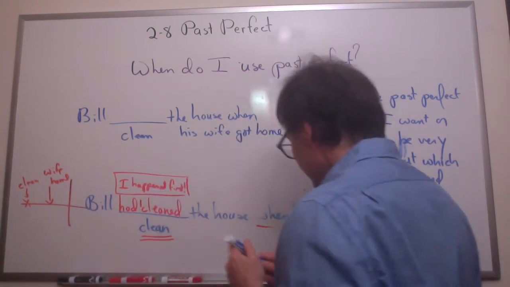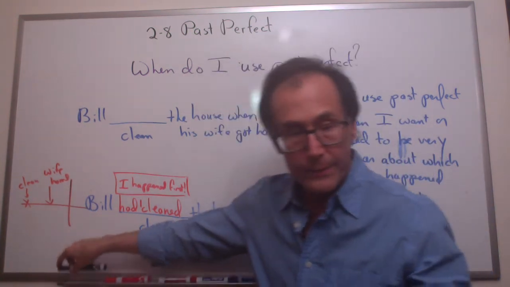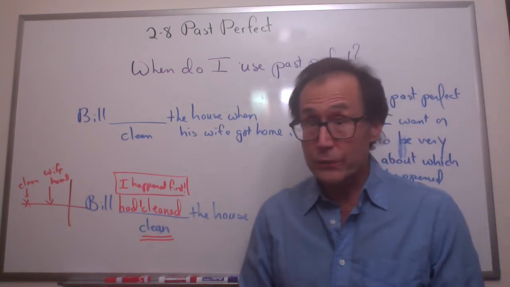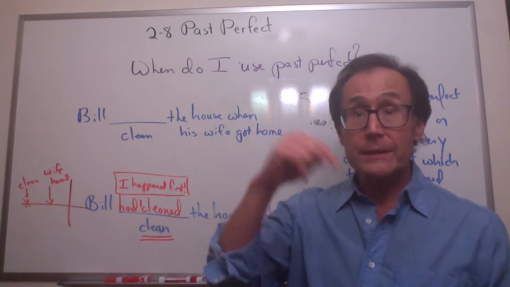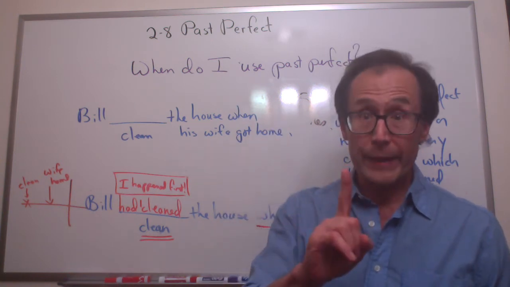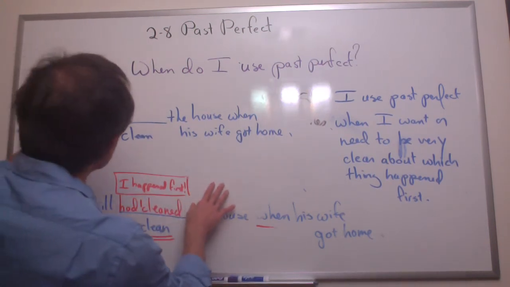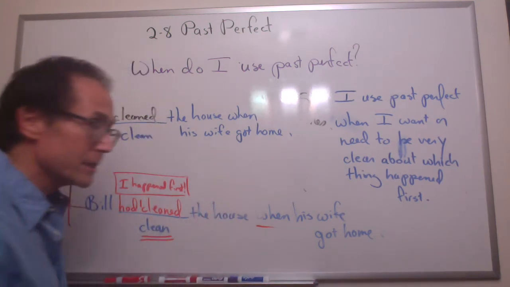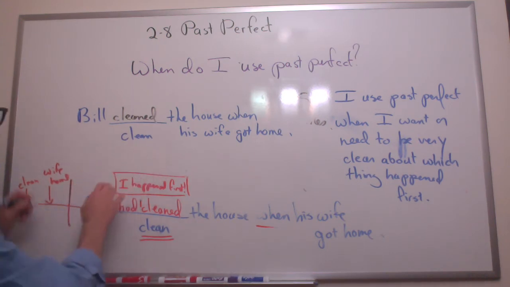Okay, now, let's say I don't use past perfect here. I'm going to instead use simple past. So I say, Bill cleaned the house when his wife got home. Okay, so let's talk about what this sentence means.